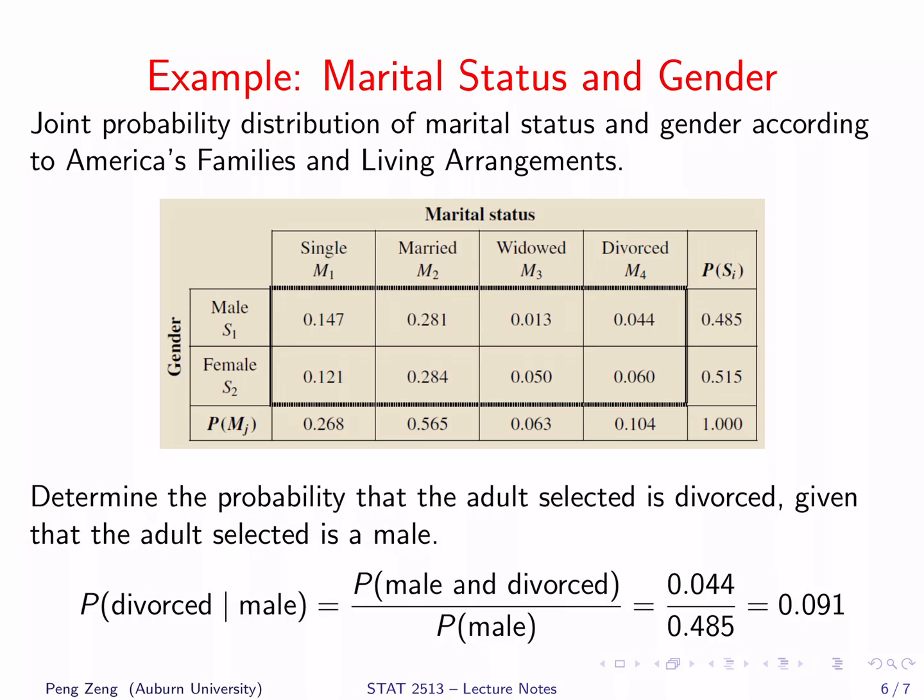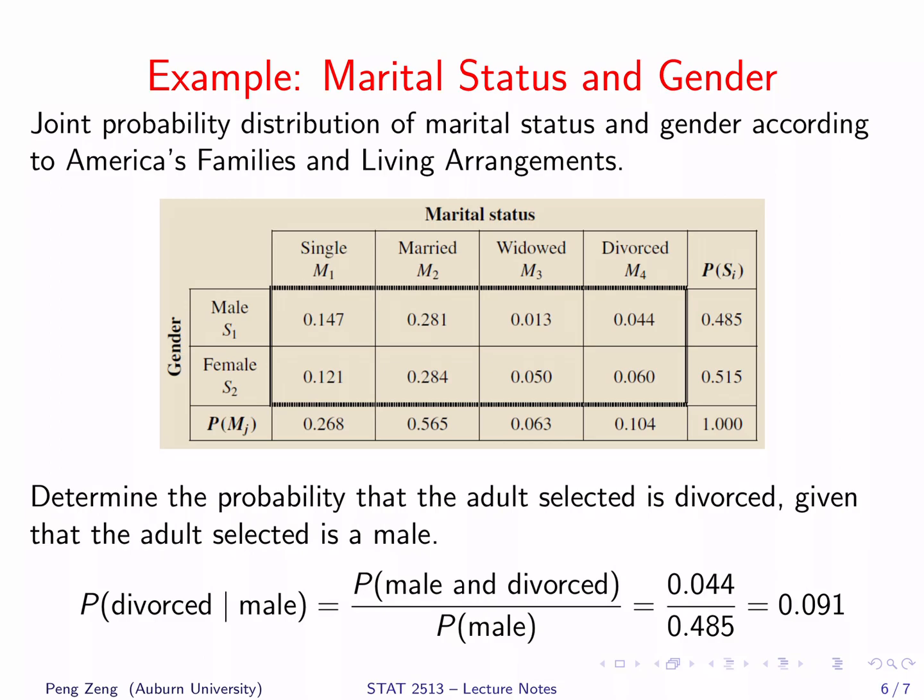In this example, we know the joint probabilities and marginal probabilities of gender and marital status of some people. What is the probability that the adult selected is divorced, given that the adult selected is a male? This question asks for a conditional probability. The given event is that the adult selected is a male.